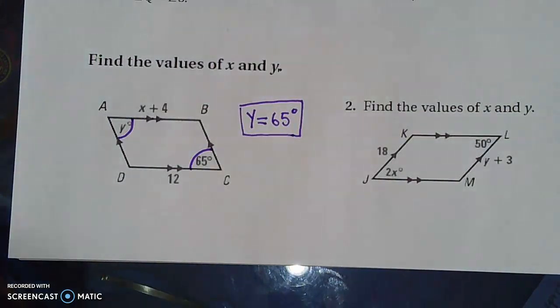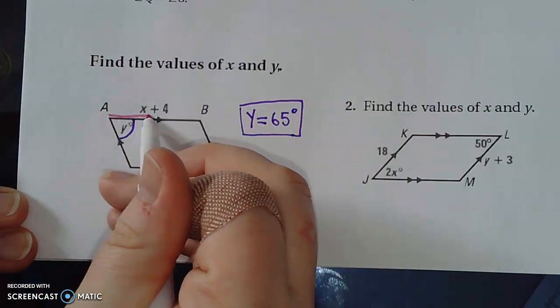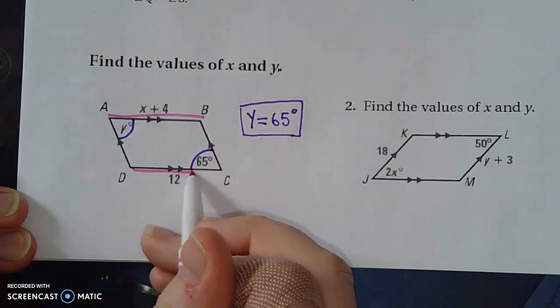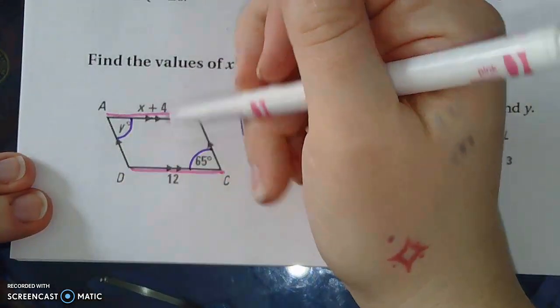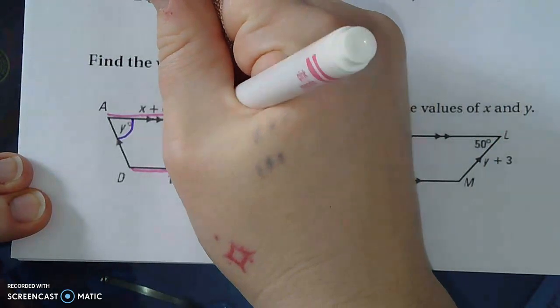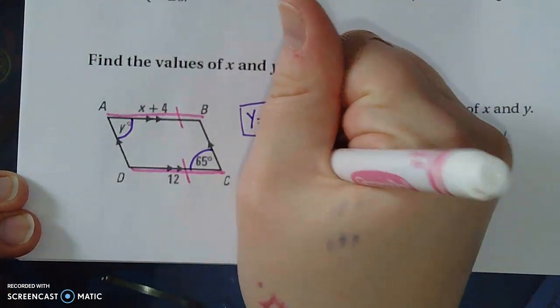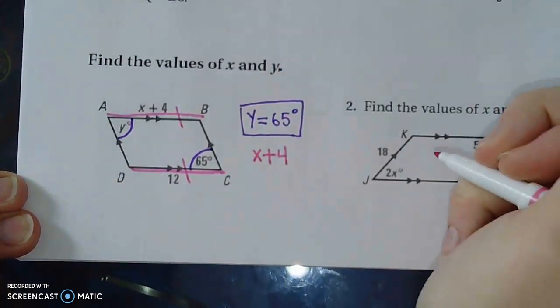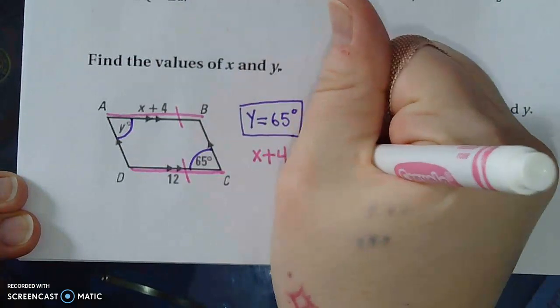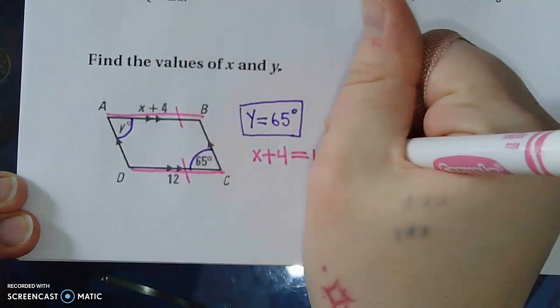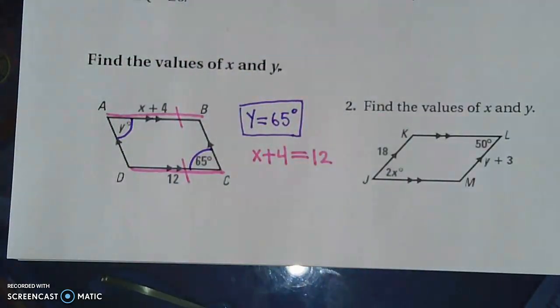Next, we will deal with the sides. I see side AB and side DC. They are opposite from each other. So in a parallelogram, that means that they are congruent. So I'm going to add in my little congruent tick marks. Let me set up an equation. X plus 4, that side, equals 12, because again, I know that they are congruent.